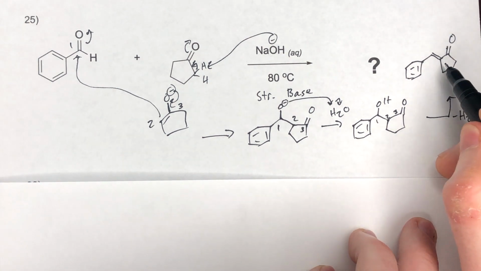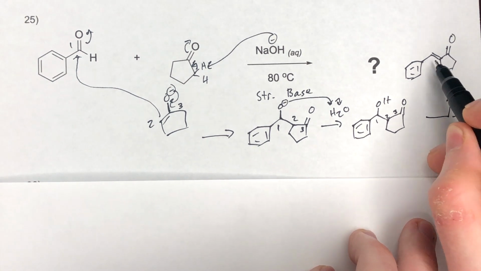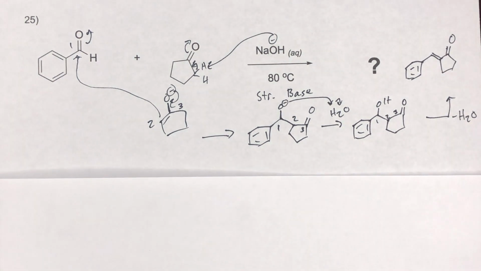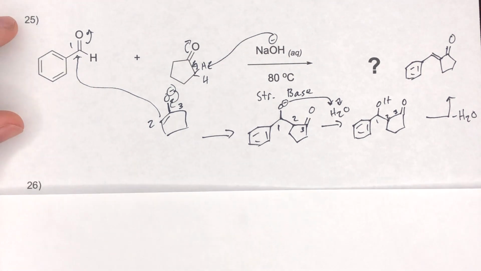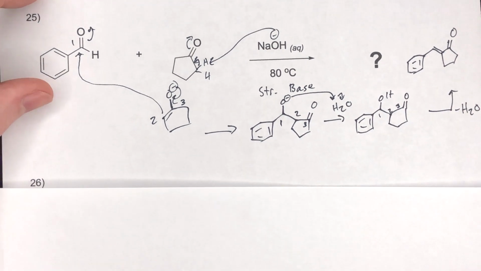So the alkene is conjugated with the ketone group. And that is going to be the final product. And again, it's the temperature that helps facilitate this dehydration step.